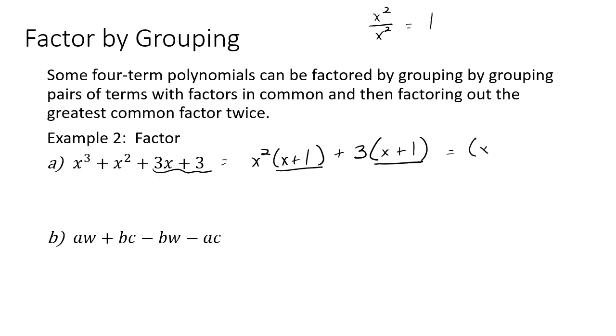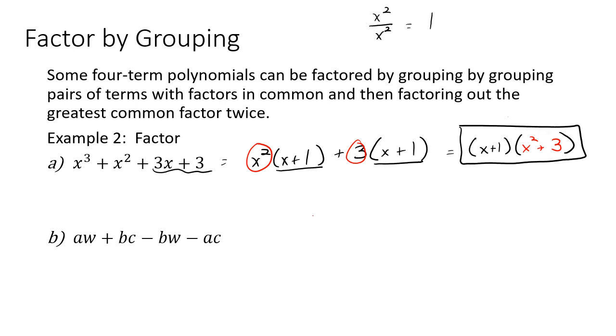So if I factor that x plus 1 out of both terms, we're left with the x squared from the first term and the plus 3 from the second term. Right? And so that x plus 1 came out front, which is why now there's only one of them. And so that polynomial would factor to x plus 1 times x squared plus 3.